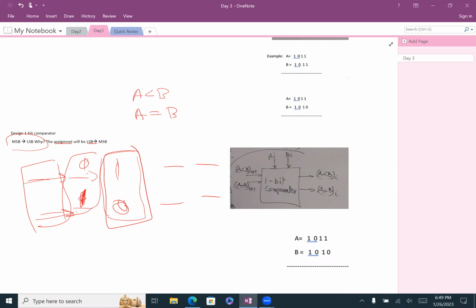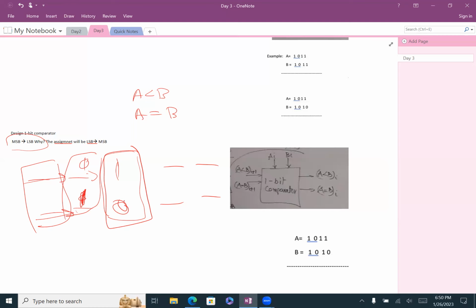It's already A bigger than B. Perfect. But if both are equal in the previous stage and it's coming to my stage, now my stage will decide if it's bigger or equal or smaller. If it's equal, what's going to happen? Then the next stage will decide because they're still equal.